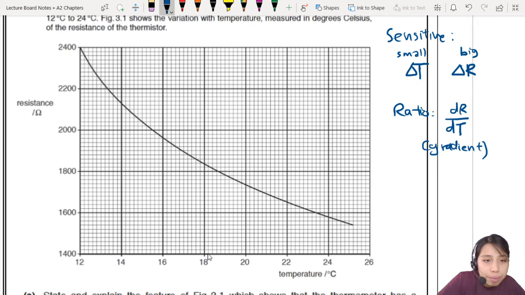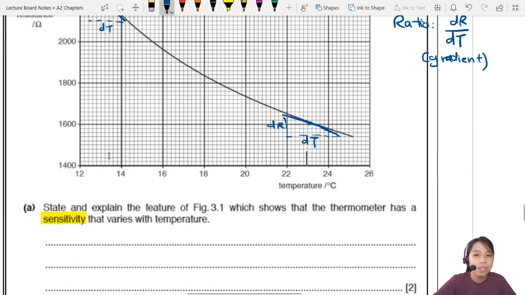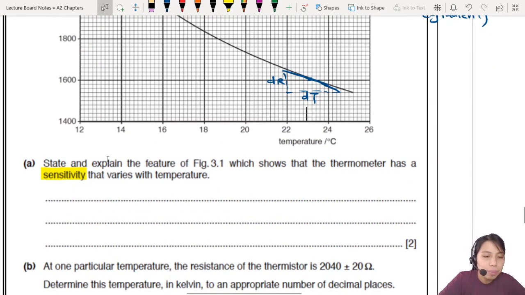If I look up here at this point, the gradient is pretty steep. So this is my dR, this is my dT. Then if I look down here, it's a little bit different, not as steep. That's called a changing sensitivity because it's curved. So we need to describe that down here.